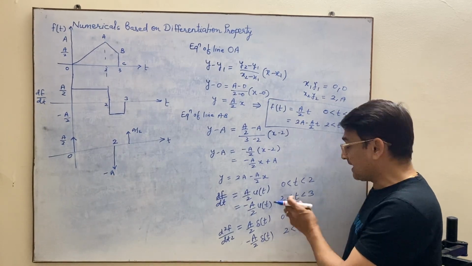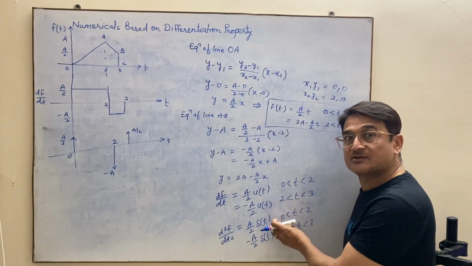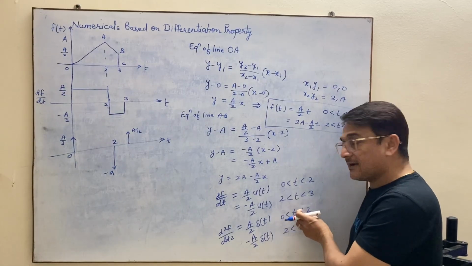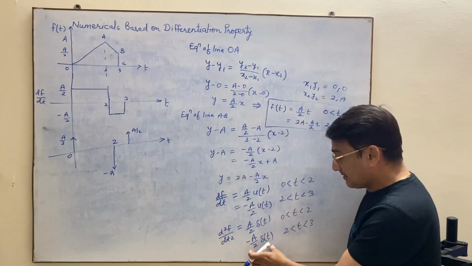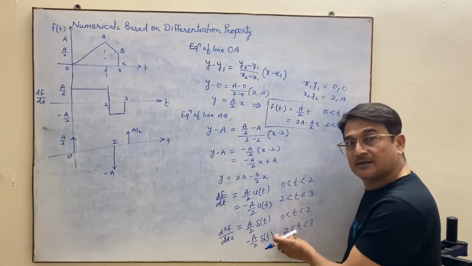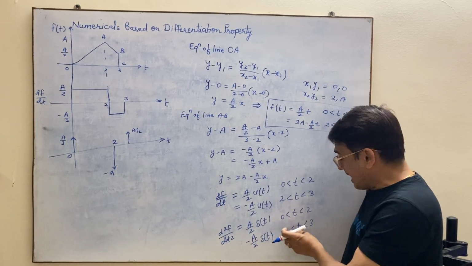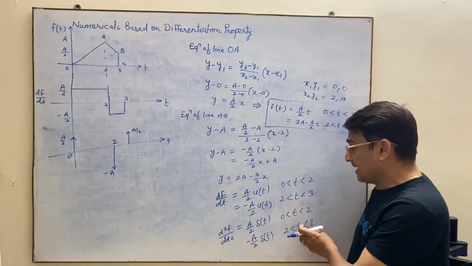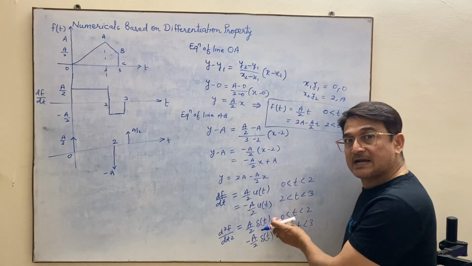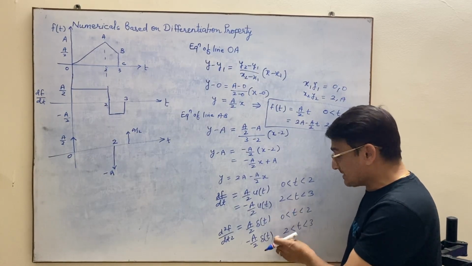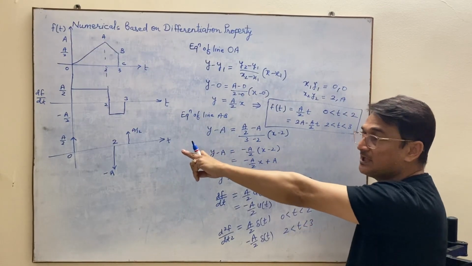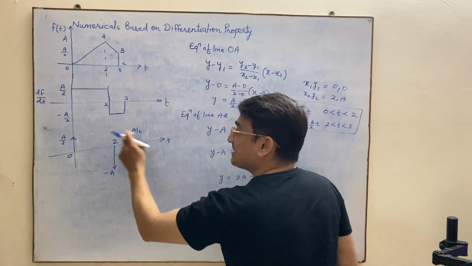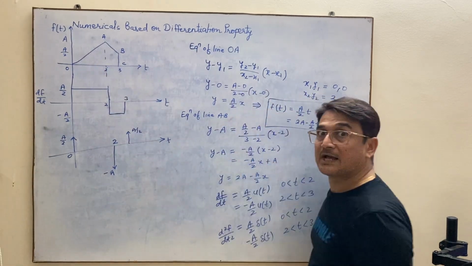Rather, you will say it exists at t is equal to 0 and at t is equal to 2. Again, this impulse exists at t is equal to 2 and t is equal to 3. So basically, one impulse at t is equal to 0, two impulses at t is equal to 2, and again one impulse at t is equal to 3. Same three impulses which we got through the diagram.